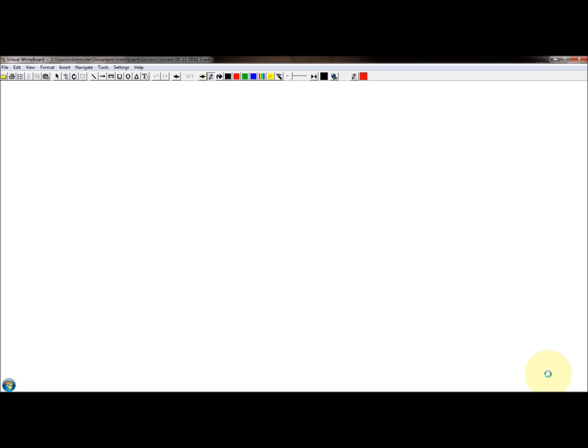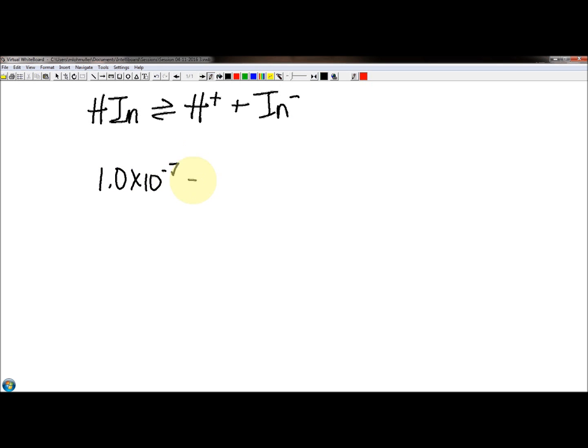We have our acid equation that we saw previously, where HIn breaks down into the proton and the conjugate base. The Ka is 1.0 times 10 to the negative 7 for bromothymol blue, and that's equal to H+ times In- all over the acid form's concentration.